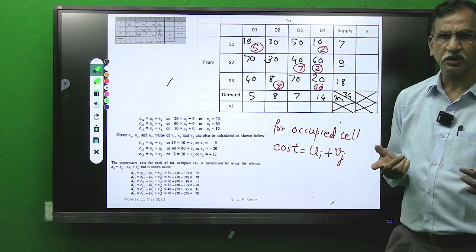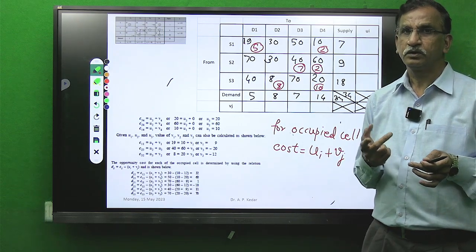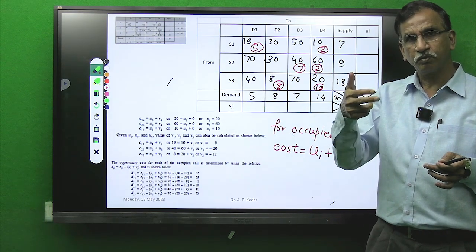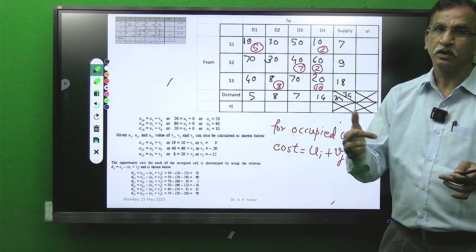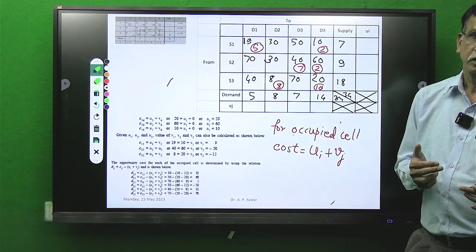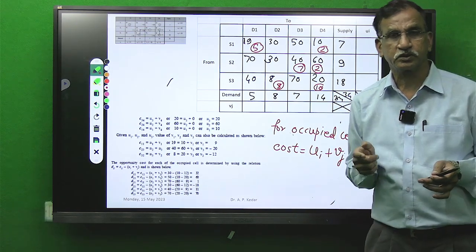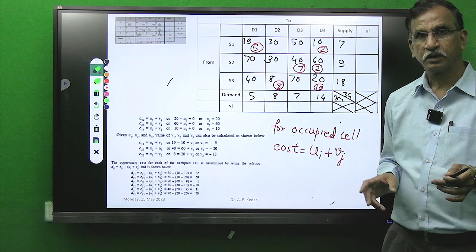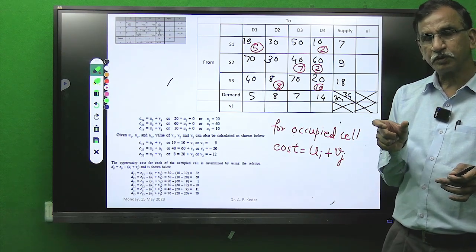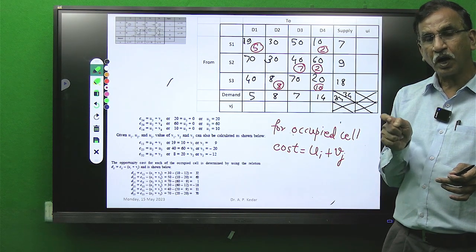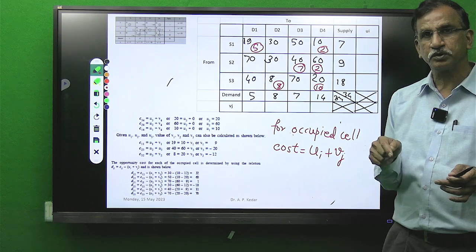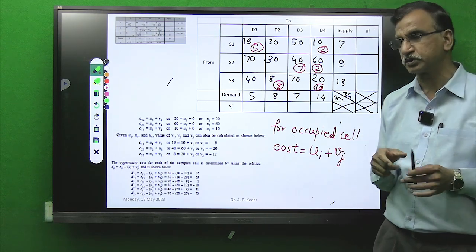I will say yes, okay. But chances are you may have more number of steps involved in problem solving. What the step we have discussed in previous slides. So take that particular ui or vj equal to 0 where there are maximum allocations.